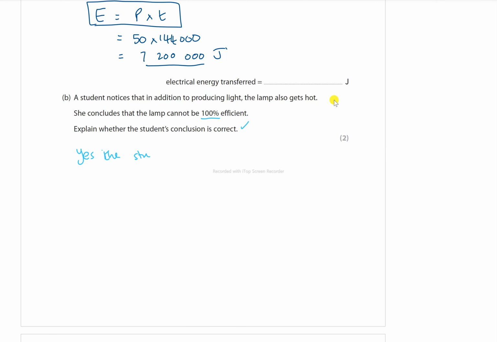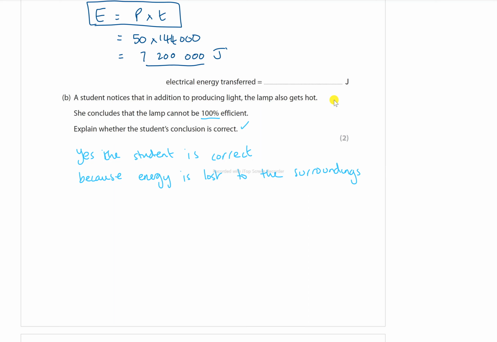Why is the student correct? Because electrical energy is lost to the surroundings and doesn't go to light.